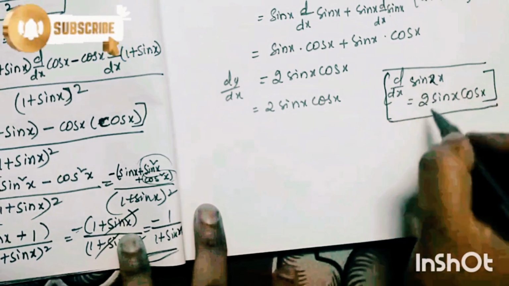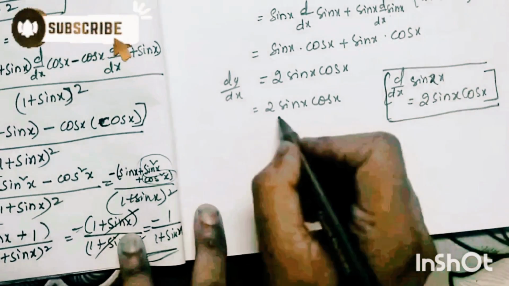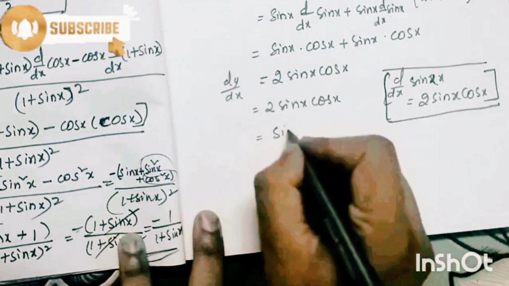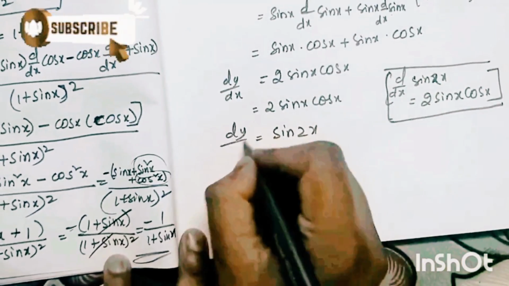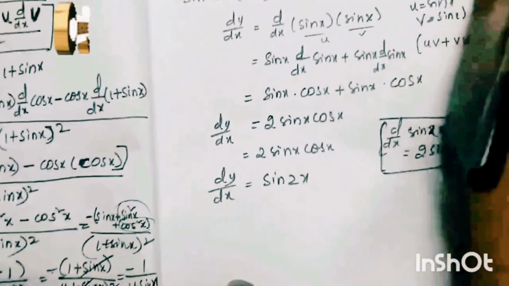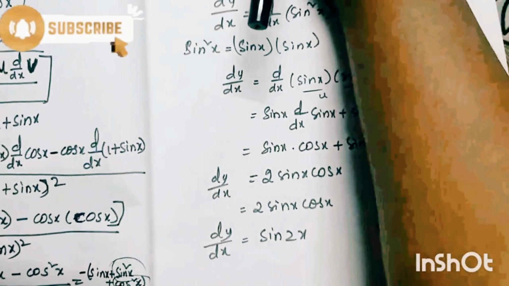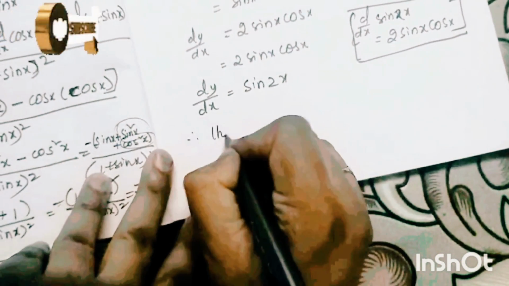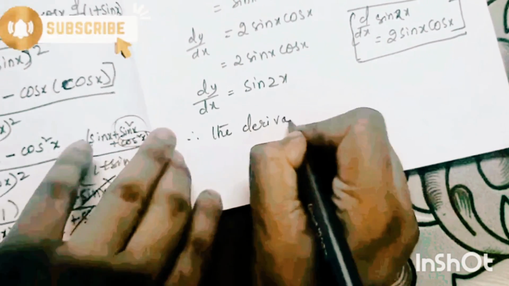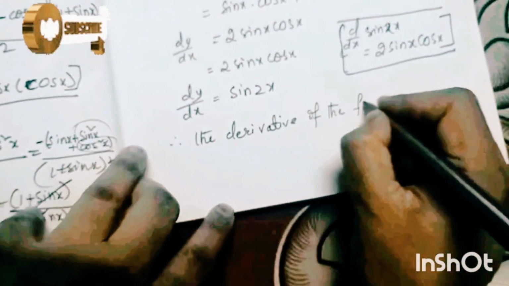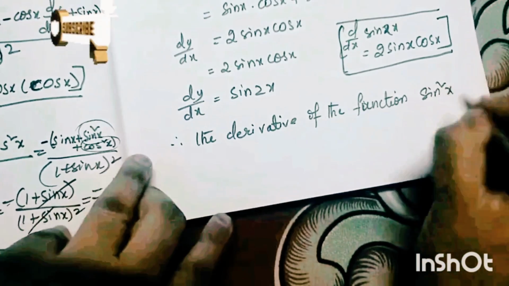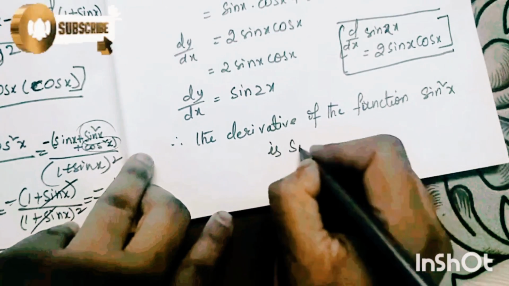So we obtained 2 sin x cos x; write down sin 2x. So dy by dx equals sin 2x. This is the derivative function. Therefore, as the conclusion, the derivative of the given function sin square x is sin 2x.